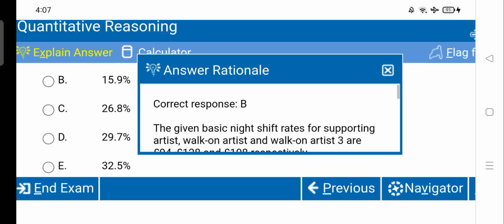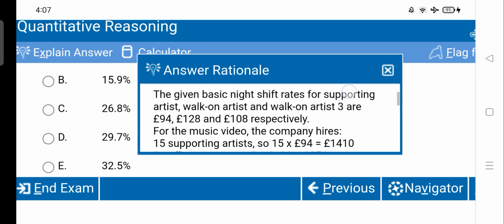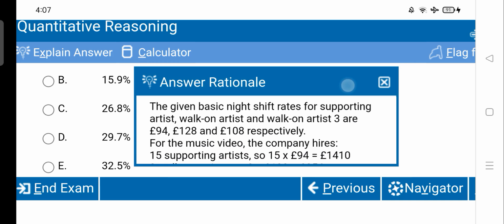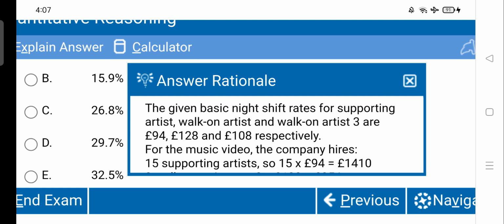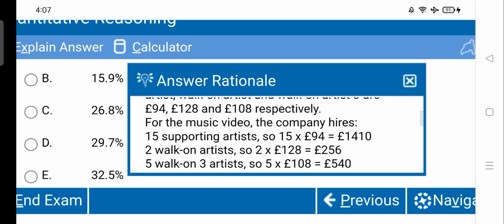So here the correct response is option B, as the given basic night shift rates for supporting artist, walk-on artist and walk-on artist 3 are 94 pounds, 128 pounds and 108 pounds respectively. For the music video, the company hires 15 supporting artists.